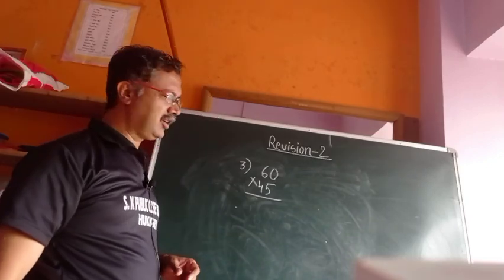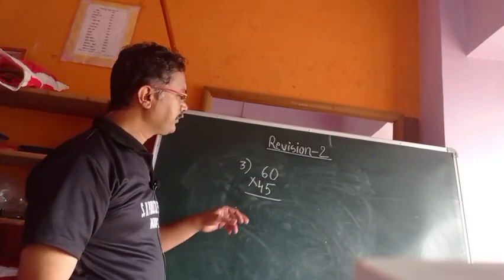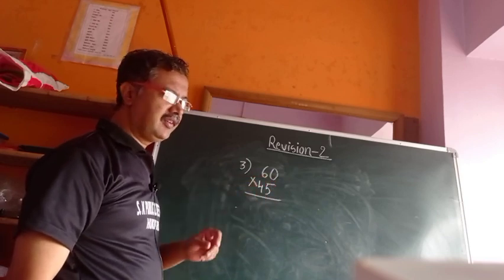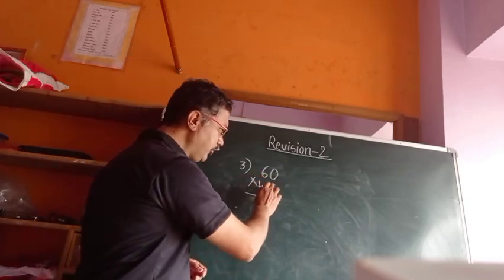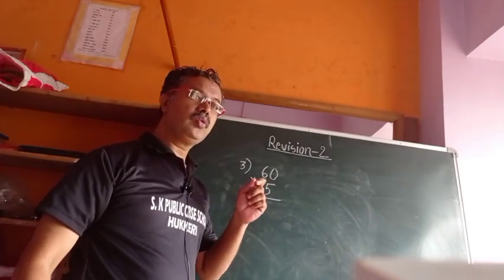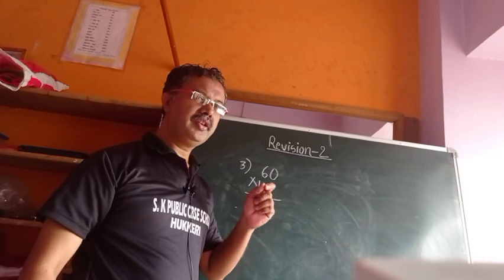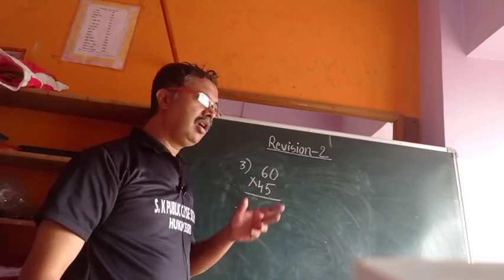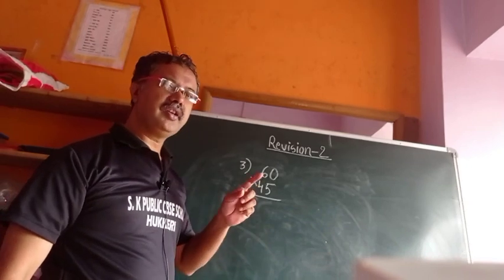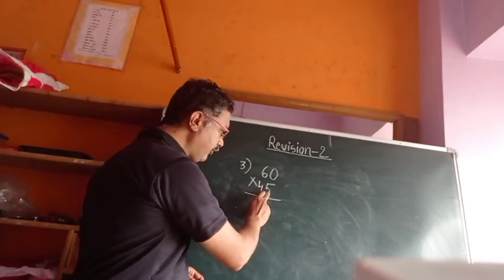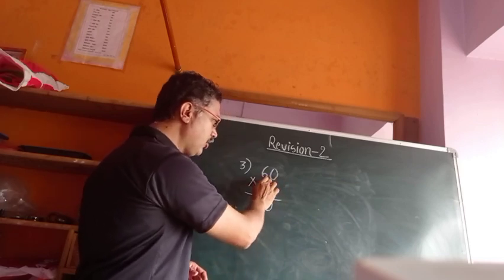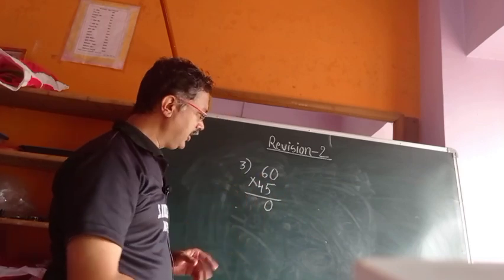Slightly bigger one I'll take. Now see here, upside 60, downside 45. 5 into 0. Please remember, whenever we multiply a number by 0, the answer should be 0. Now 5 into 0, 0 only.